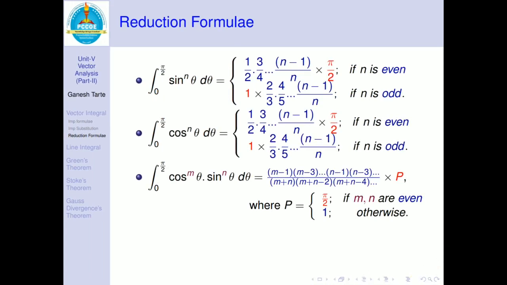Then the third formula: integral from 0 to pi by 2 of the product of cos and sine, where the power of cosine is m and the power of sine is n. Then the formula is to subtract odd numbers from both the powers.